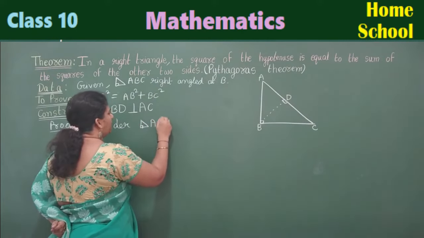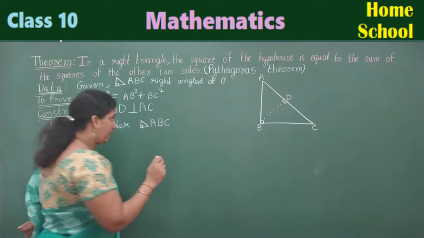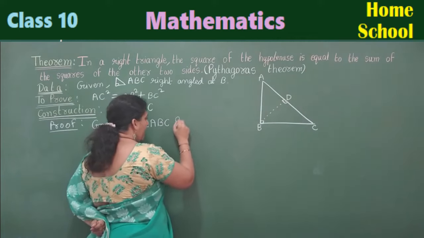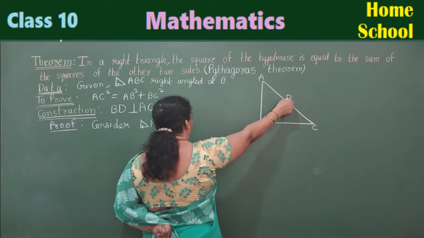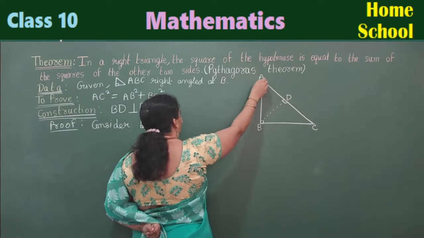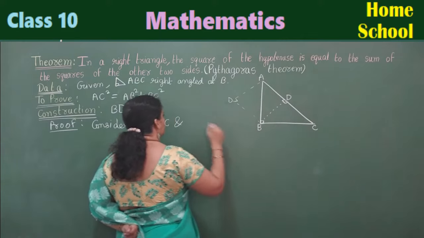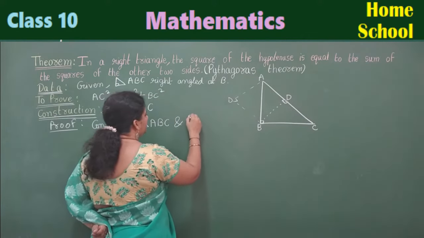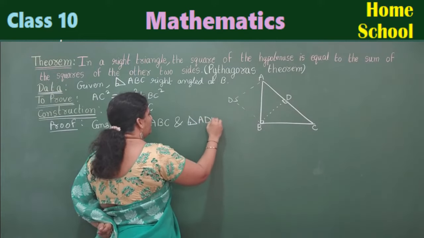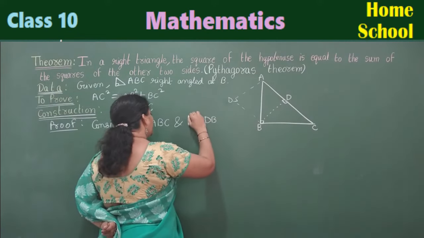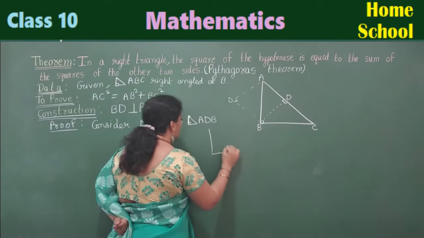Triangle ABC. Right triangle ABC. And what is one more triangle? Let's take this triangle. Cut the point here. D. Lift it here. Again, same manner. D is here. So try to place side by side. That makes right triangle ADB. This is right angled triangle ADB. So let me draw the figure here.